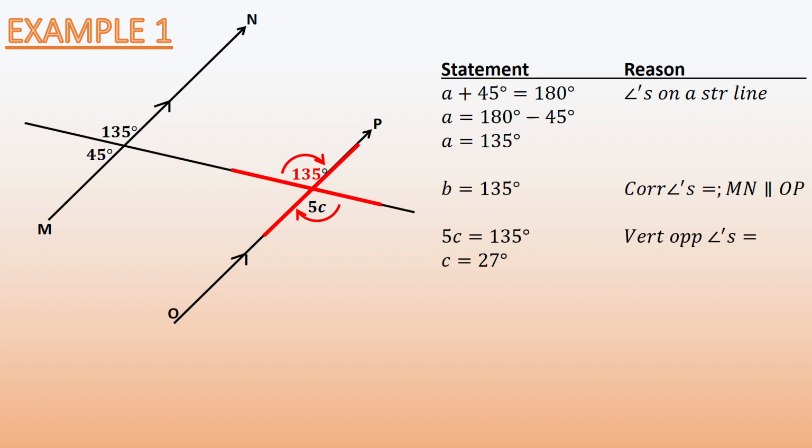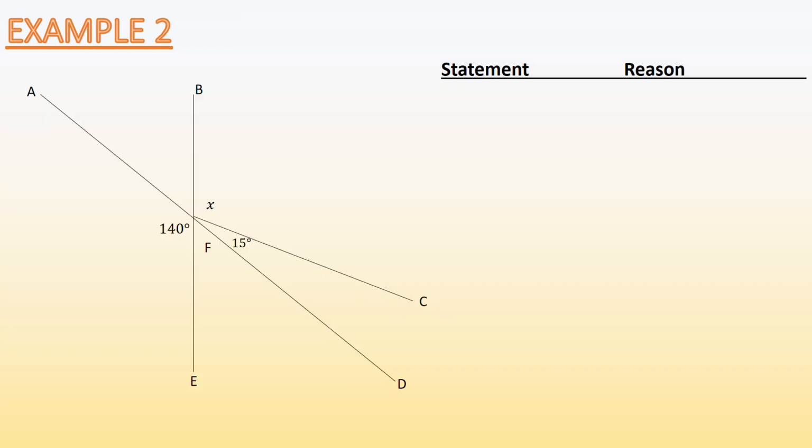Example number 2. Please copy it down before we start. Example number 2 looks a little bit more complicated than it is, because it looks like you don't have enough information. You don't need to fill in anything. You can just take a highlighter and highlight on the diagram.